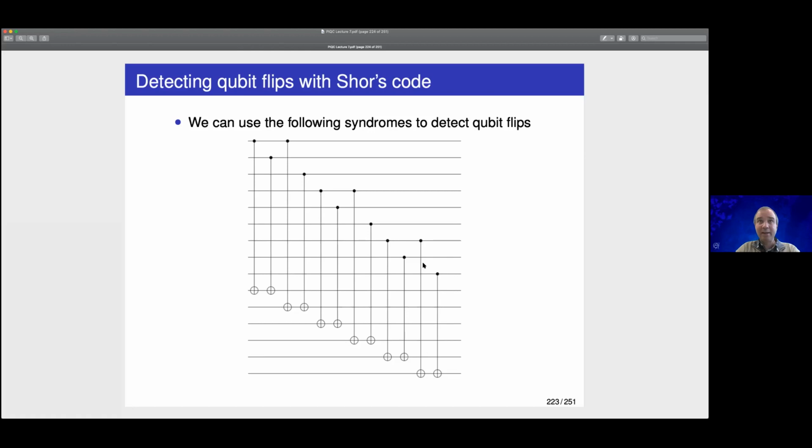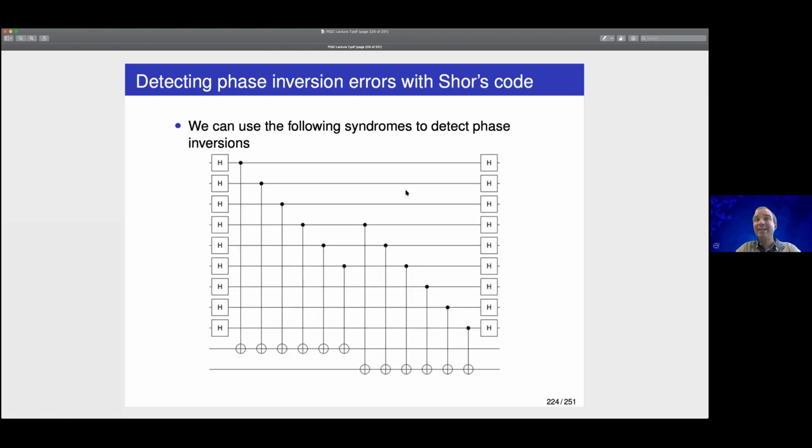And I can do the same to detect inversion of phase, but with the syndrome for the phase inversion protecting code.